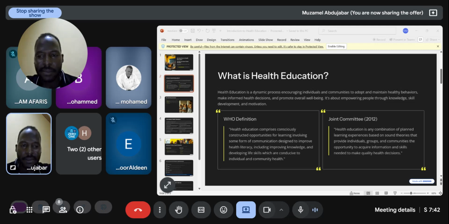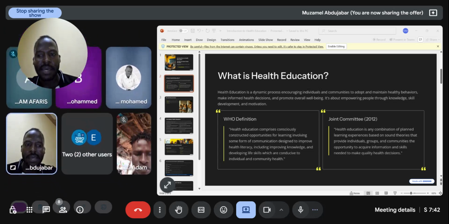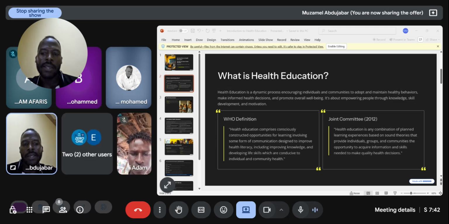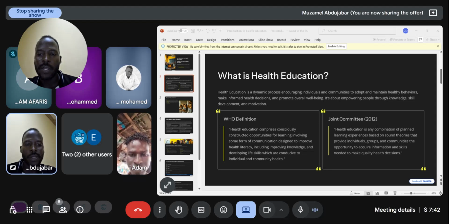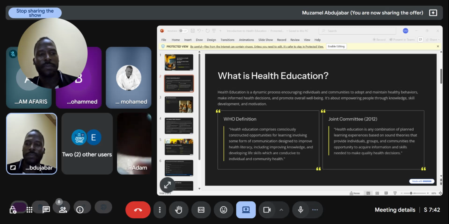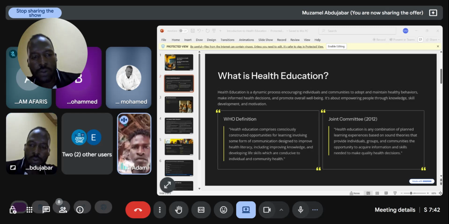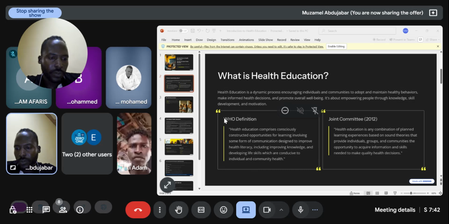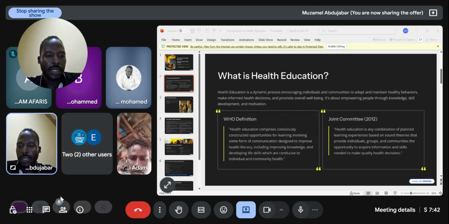They said health education is any combination of planned and learning experiences based on sound theory that provide individuals, groups and communities the opportunity to acquire the information and skills needed to make quality health decisions. This is the Joint Committee definition.